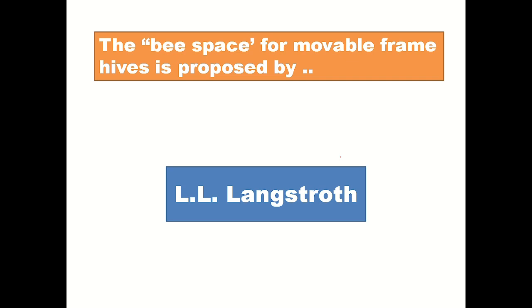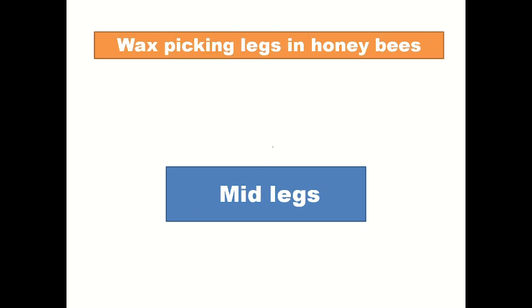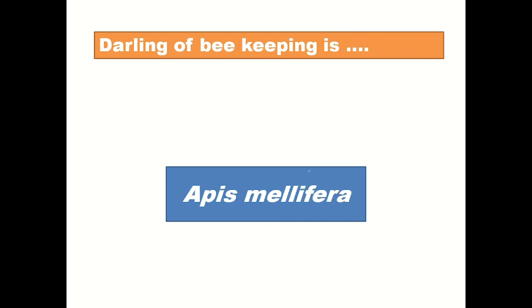The bee space for movable frame hive was proposed by L.L. Langstroth. Wax picking legs in honeybees are mid-legs. Darling of the beekeeping is Apis mellifera.